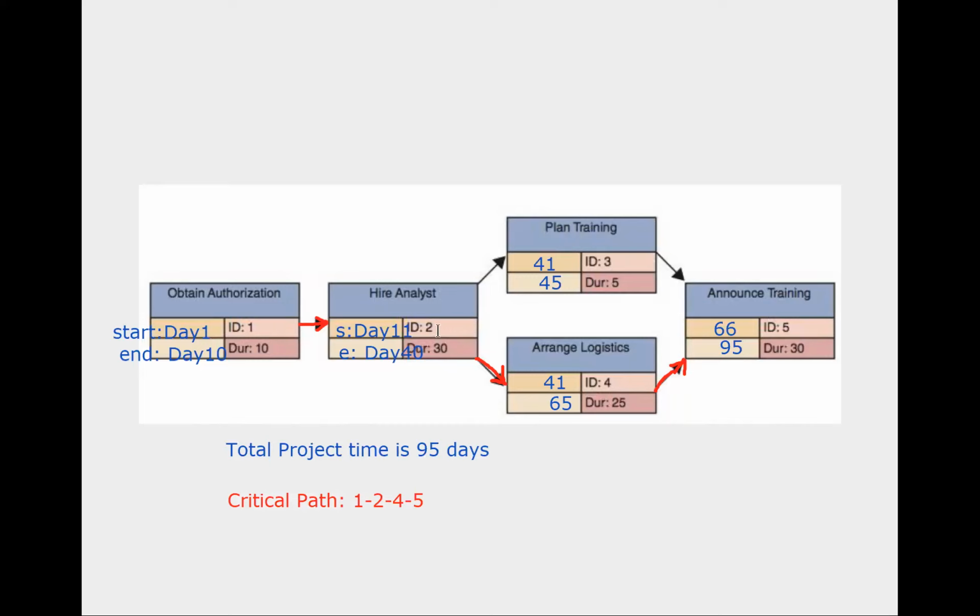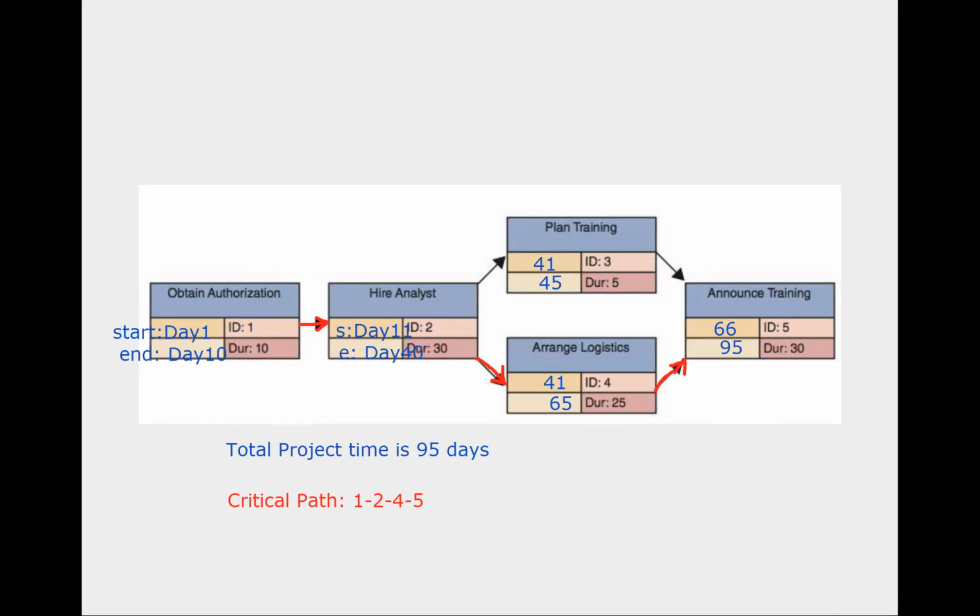If something happens at ID number 2, it's delayed. If something happens to ID number 4, it will delay, right? 5, it will delay. So 1, 2, 4, 5 is known as the critical path. So when you're managing the project, you have to look very carefully at the times, because it will affect your total project time. Very important.